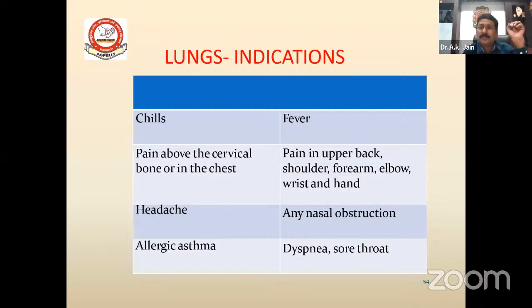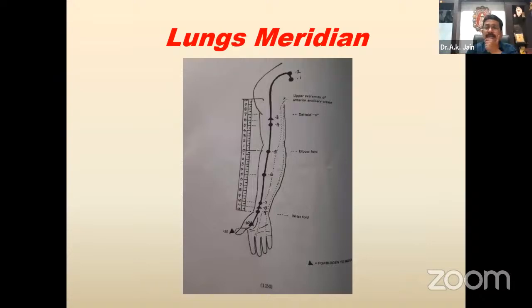The common symptoms of the lung meridian are chilliness, fever, headache, allergic asthma, nasal obstruction, dyspnea, and throat problems. So this is the pathway of the lung meridian.